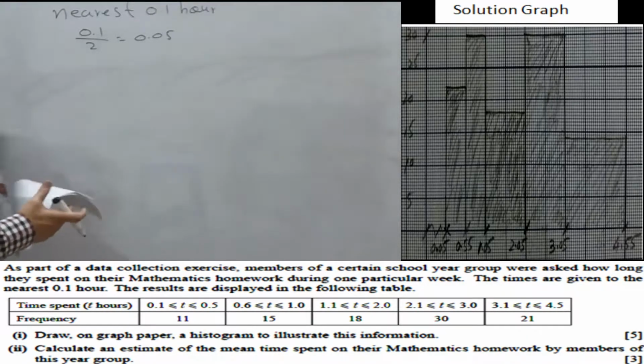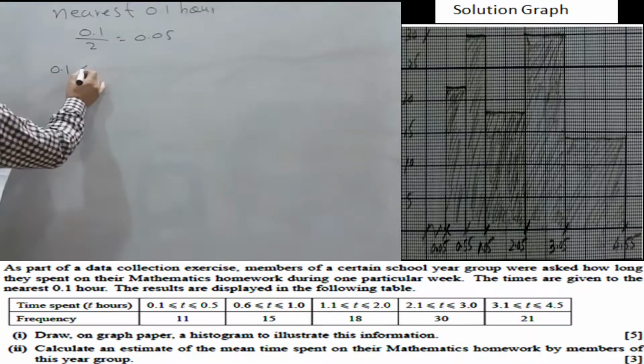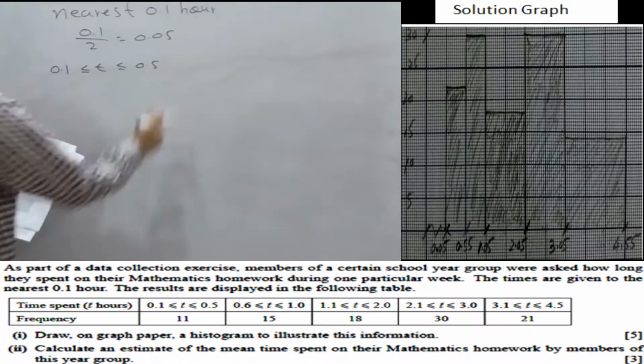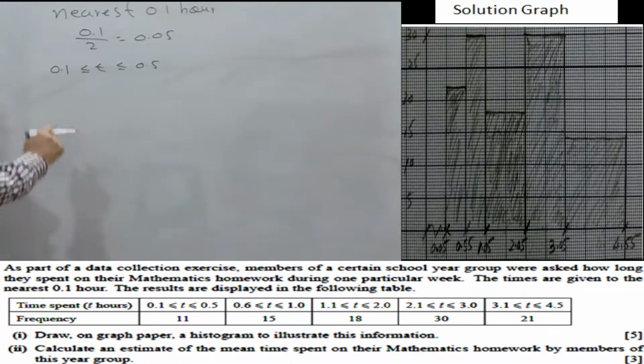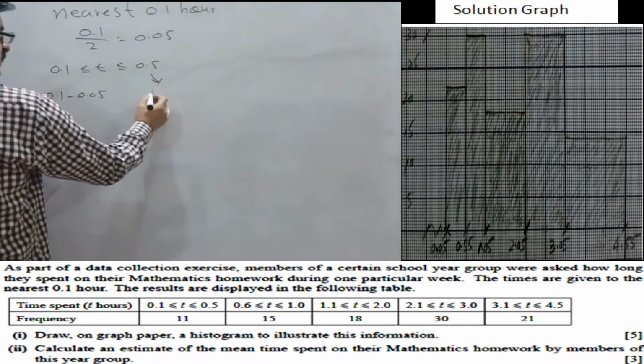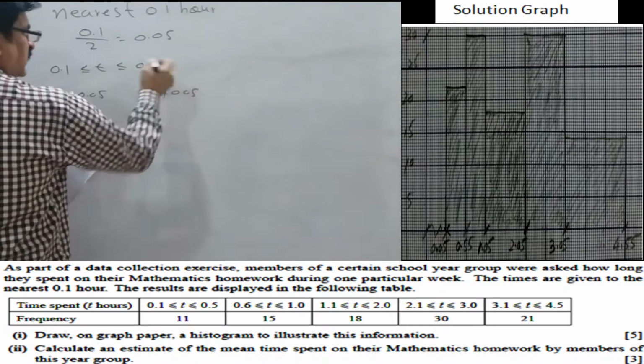Now your first class is 0.1 less or equal to t less or equal to 0.5. Now you will subtract 0.05 and you will add 0.05 to it.